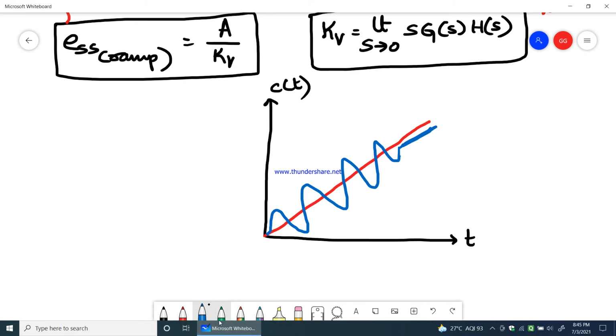So this gap is the ESS ramp, the steady state error with respect to the ramp input. This is the desired output, whereas the output given by the system is an oscillation, and finally it gives a constant output, creating a gap because it doesn't reach the desired value. Therefore the gap which we have is the steady state error of the ramp input.